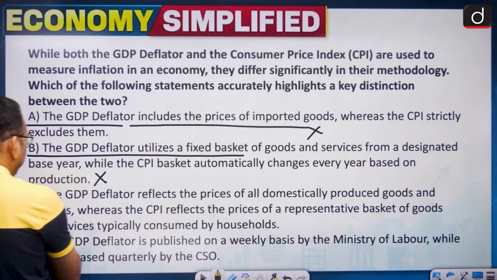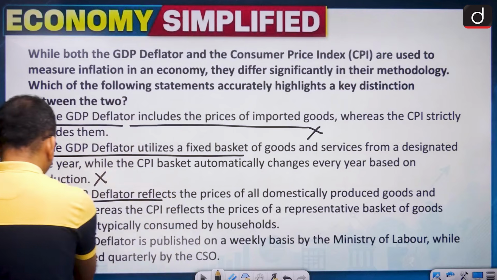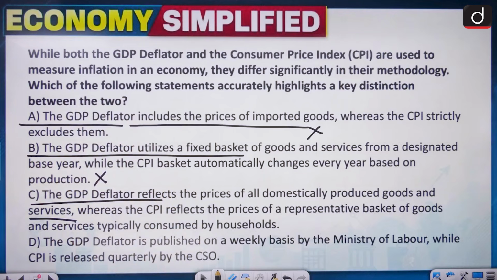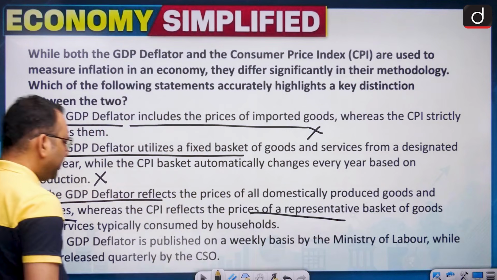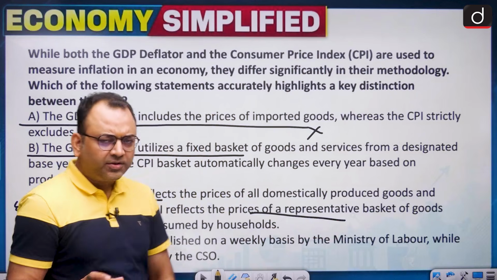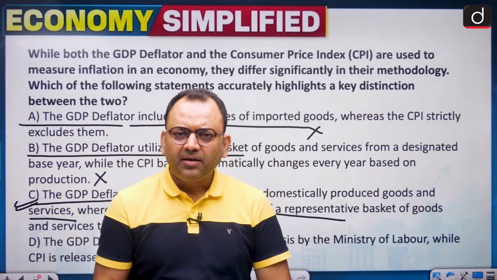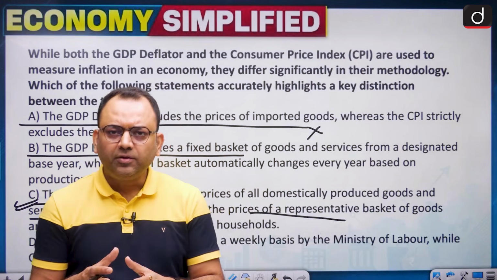The third statement is, "GDP deflator reflects the prices of all domestically produced goods and services, whereas the CPI reflects the prices of the representative basket of goods." Friends, this is true and correct because GDP is about all the goods and the CPI, the consumer price index, takes a basket of goods and services which is used to measure inflation.